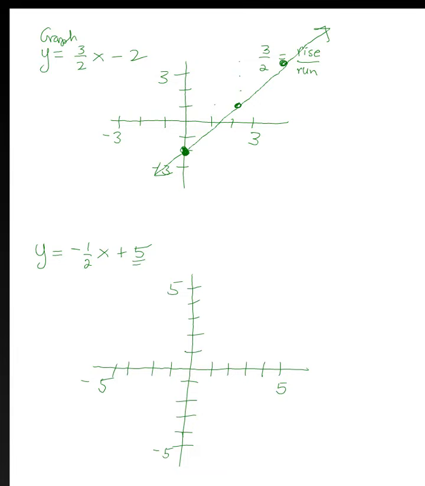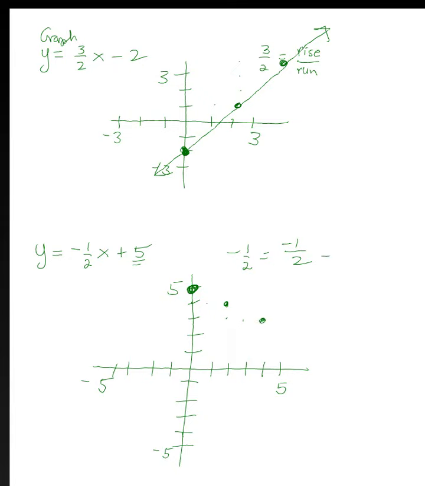Here's my intercept, 0, 5, so I start right there. My slope is negative 1/2. What that tells me is I rise negative 1, in other words, go down 1, and then run 2, 1, 2. And then I do it again, go down 1 and run 2, 1, 2.